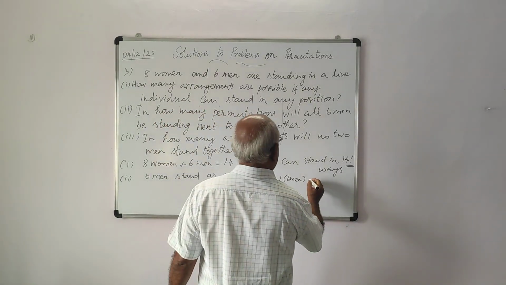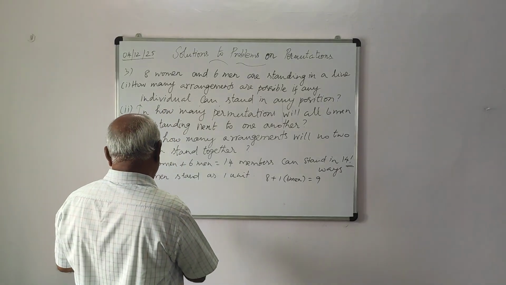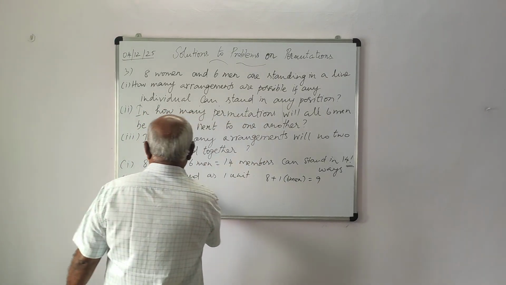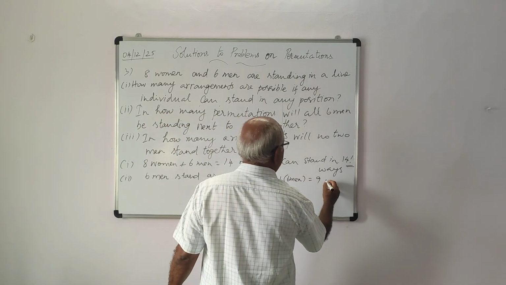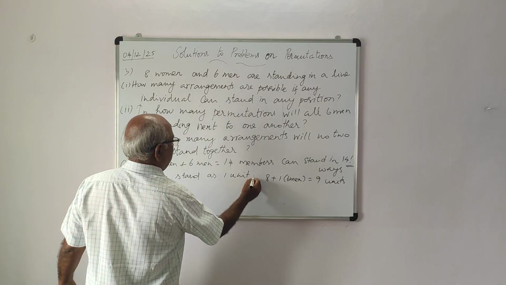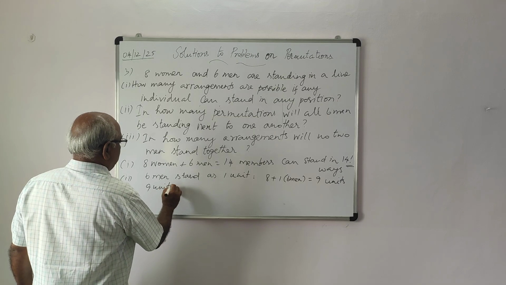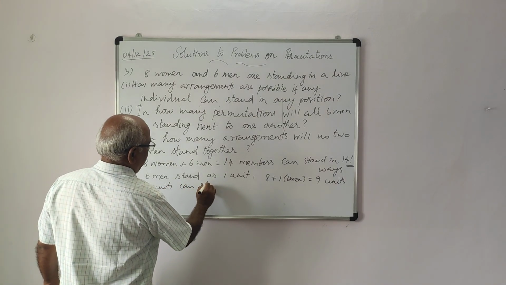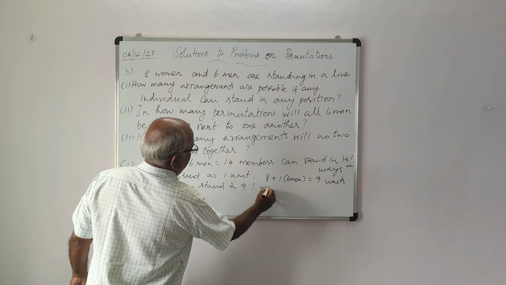Therefore, we can consider this as 8 plus 1, which is 9 units. So the 9 units can stand in 9 factorial ways.